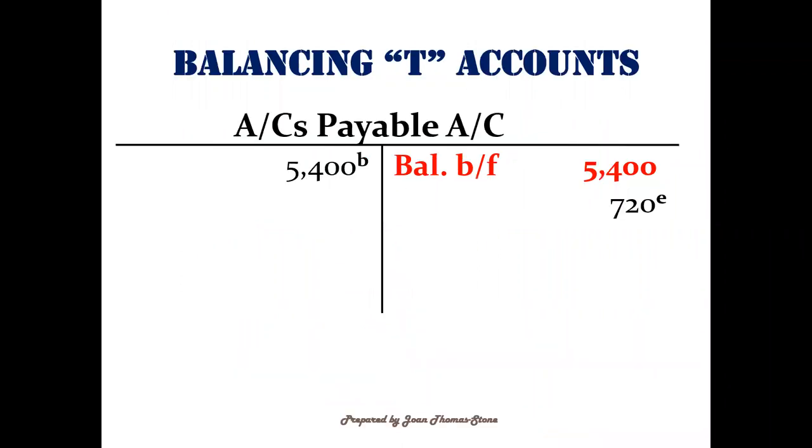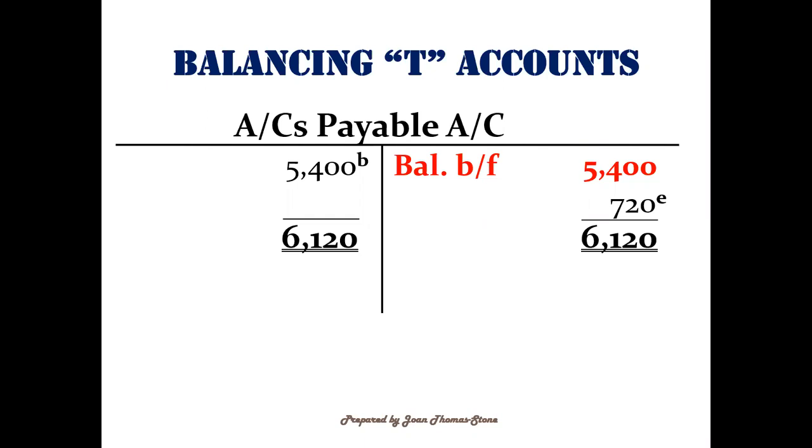So now, accounts payable. For those who don't remember how we balanced off, remember what we did. We totaled the debit side, we totaled the credit side, and we see which one is bigger. In this case, the credit side is bigger. When we added up, the bigger figure was 6,120.